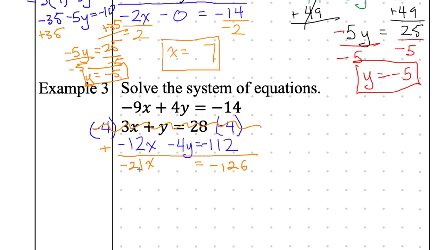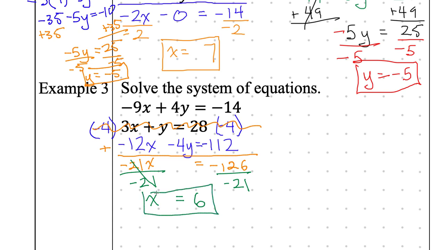Perfect. And then you would divide negative 21 on both sides. And that would be 6. Positive or negative 6? Positive 6. Perfect.